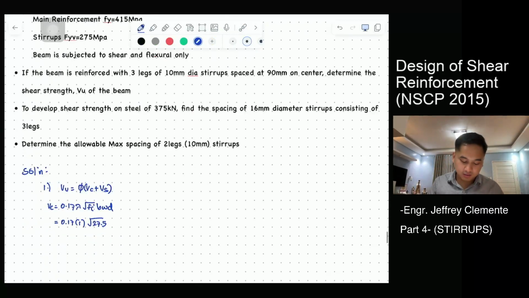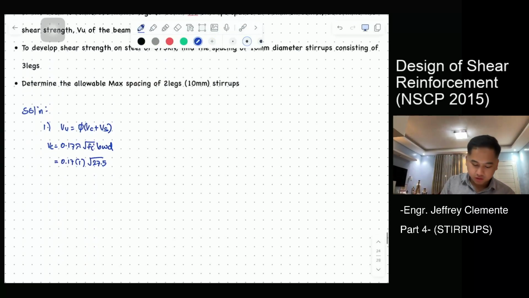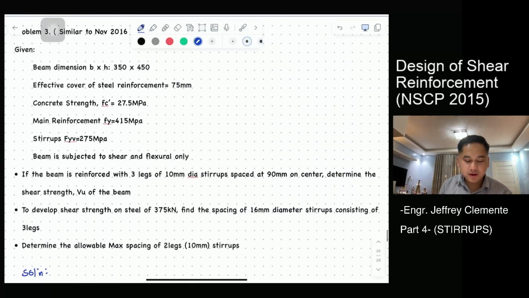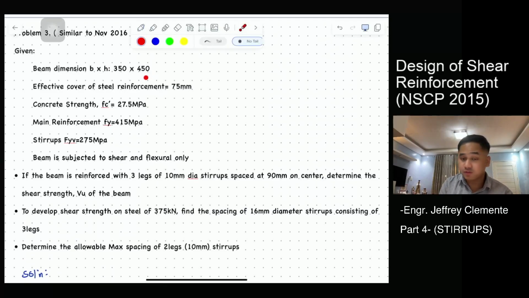Okay? So, bw is 350. Now, ano ang d? 450 ba ang gagamitin natin? Mali ito ha. Kasi yung 450 is the height, not the effective depth. So, you have to subtract it by the effective cover pa.